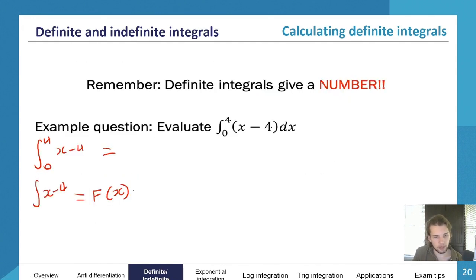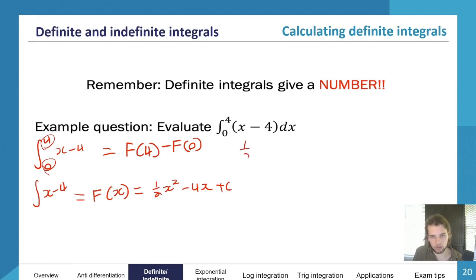Now we will say, okay, therefore F(x) is equal to 1 over 2 x squared minus 4x plus c. So now we have this over here with these definite values. This definite integral has F(4) minus F(0).